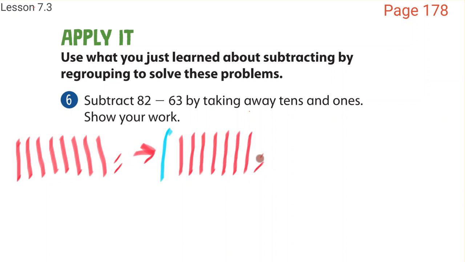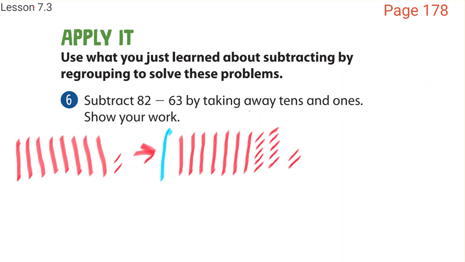So 1, 2, 3, 4, 5, 6, 7, 8, 9, 10. Plus these 2, 1, 2. Let's count it up. We have 82. 1 10, 2 10s, 3 10s, 4 10s, 5 10s, 6 10s, 7 10s. These 2 5s make 8 10s and 2.